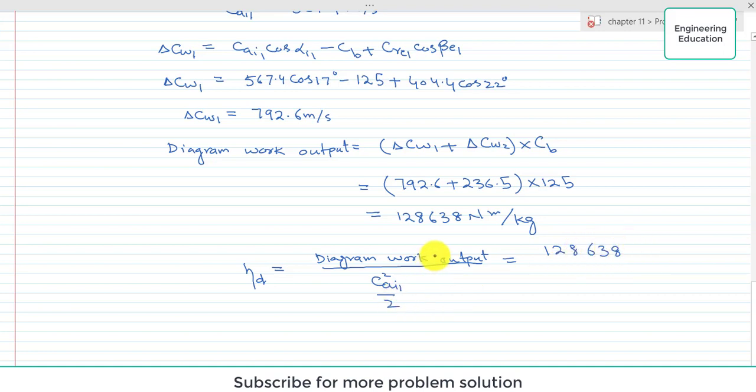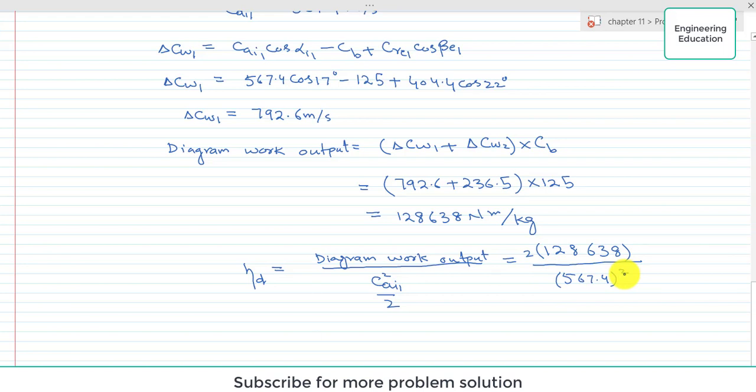This 2 will go to the numerator, so it will be multiplied by 2 divided by CAI1 square. CAI1 is basically 567.4, so 567.4 whole square.